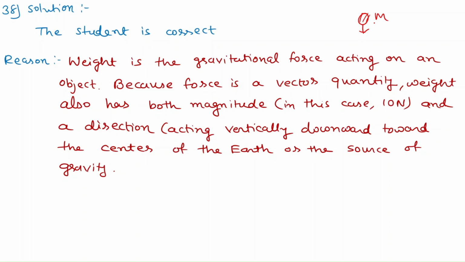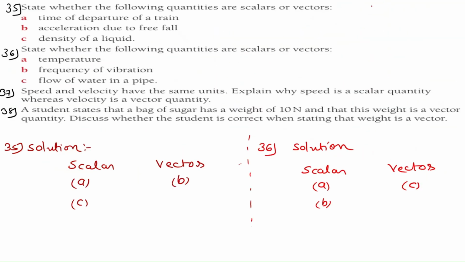It is always pulled by the earth, and we call it gravity. So weight is a vector quantity. Keep in mind. So this is all about question number 35 to 38, and they are very easy questions. Now we move further to question number 39.